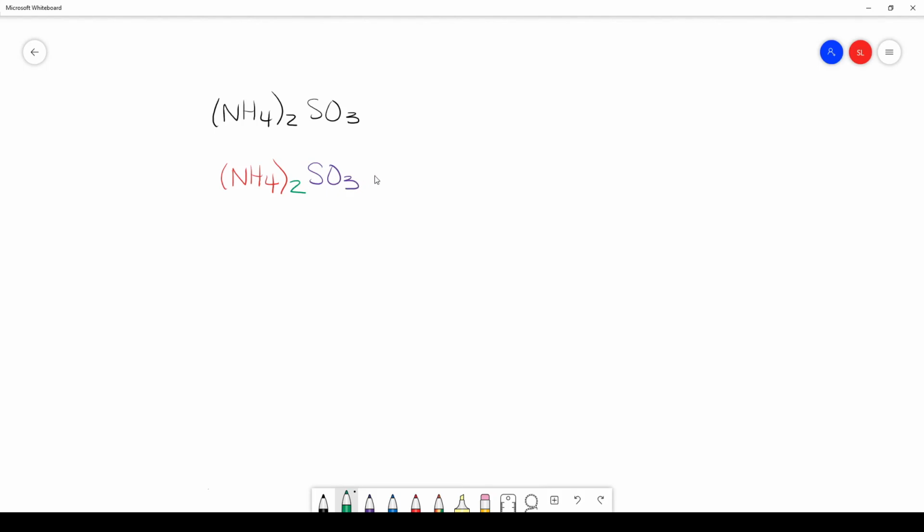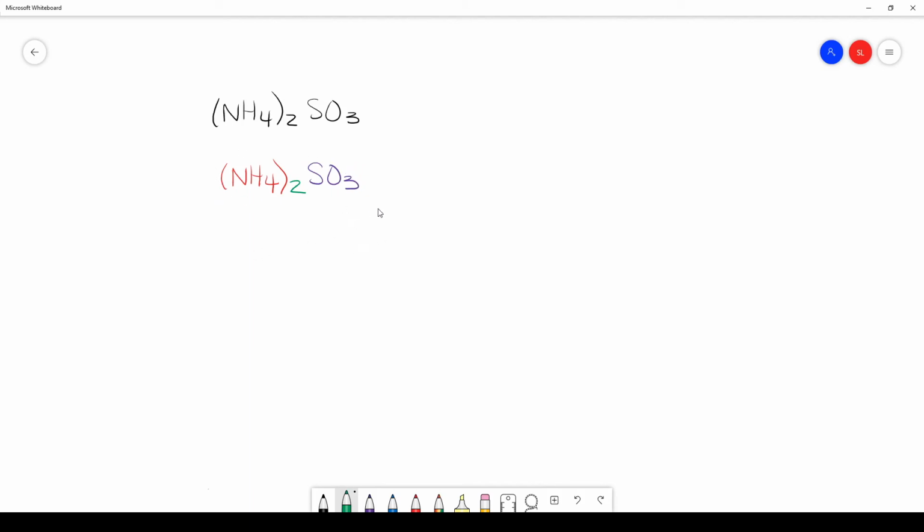This is a whole bunch of elements, and it maybe looks a little bit like a mess, and so you have to learn how to pick out which collections of atoms are polyatomic ions, and that really does come with practice. So I've rewritten this with the color codings, and you don't have to use color coding. I do this so that it's hopefully clearer what I'm talking about, but you don't have to do that.